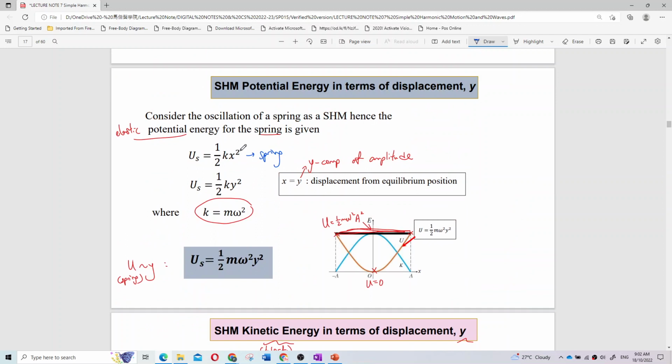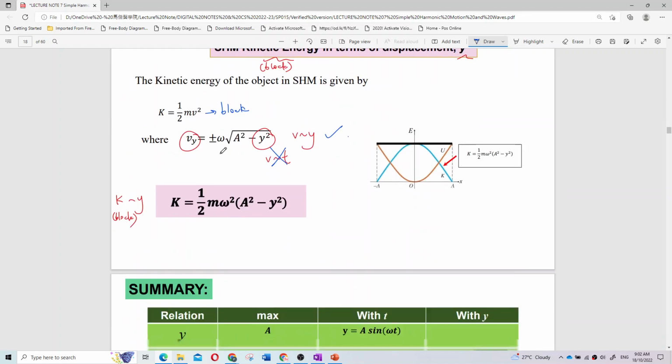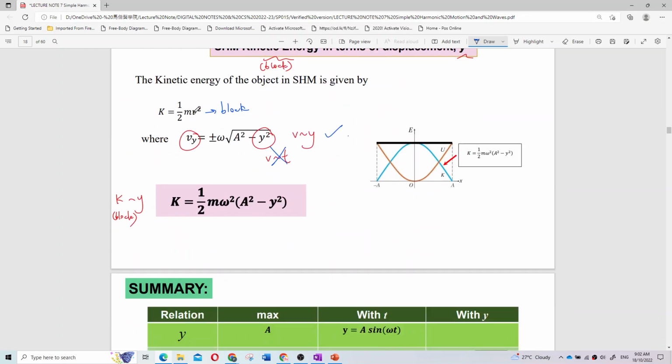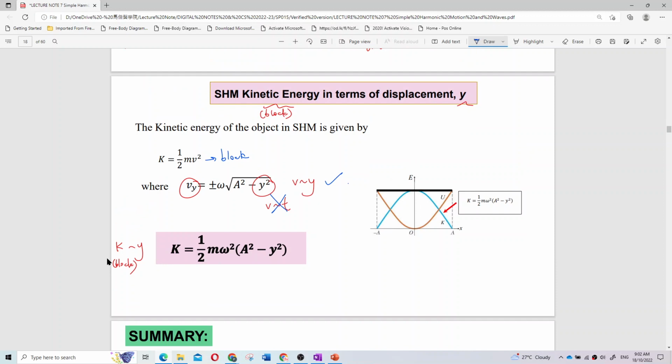Last time, for the spring, we directly had displacement inside the equation. But this one has velocity, so we need to change this velocity to y. Only then can we get the kinetic energy versus y equation. How to change this v into y?